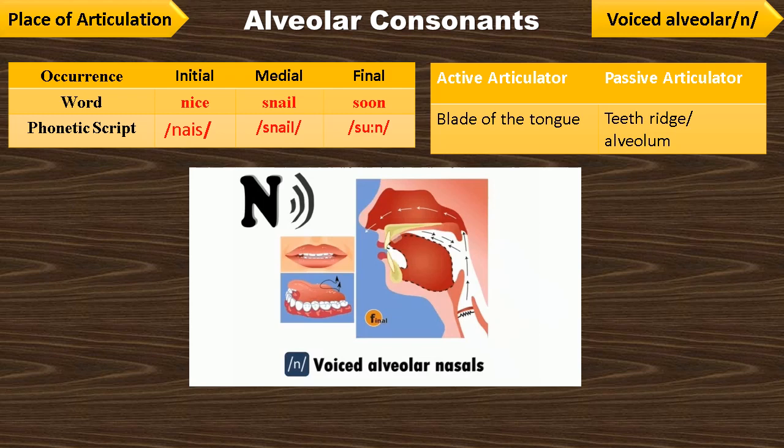It is a voiced alveolar, so you could see the vibration of the vocal cords, and it is a nasal sound. The soft palate is lowered, the nasal cavity opens up so the air flows through the nose.